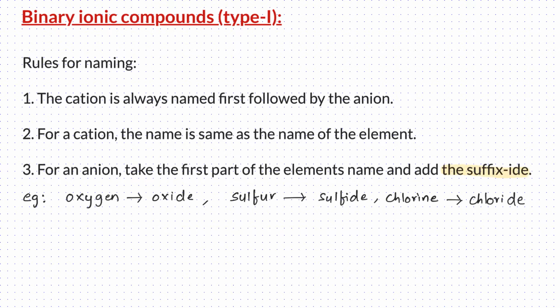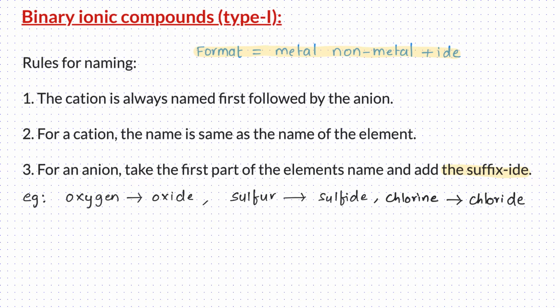For example, if we have an anion of the oxygen atom, oxygen becomes oxide. If we have sulfur, it becomes sulfide. And if we have chlorine, it becomes chloride. The overall format of the name for a type 1 binary ionic compound will be metal followed by non-metal plus -ide.